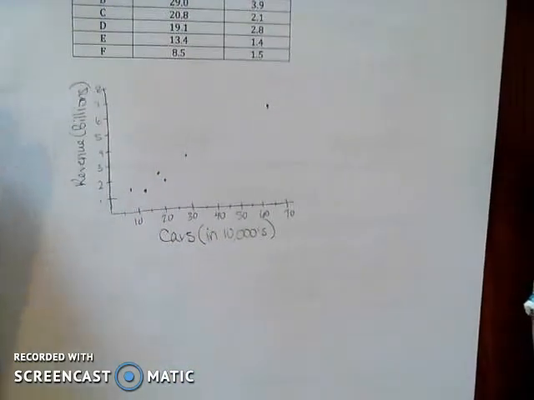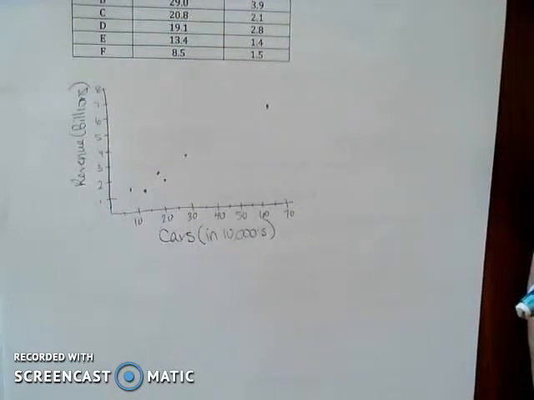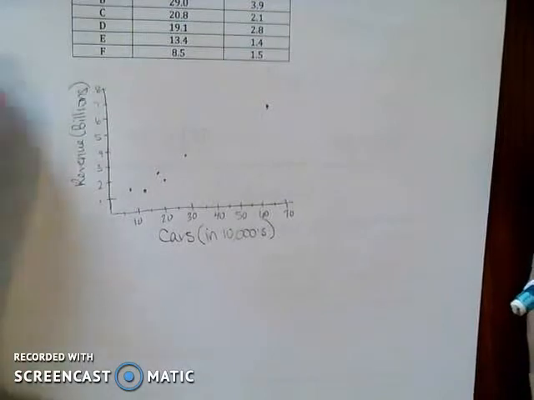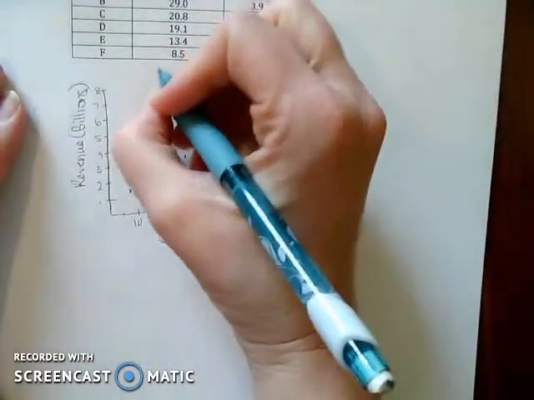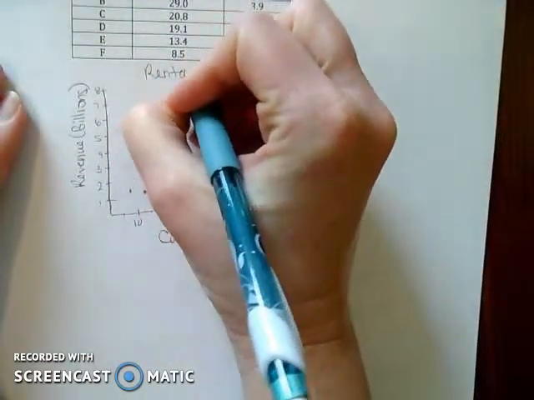So just looking at it, hopefully you can see that it looks like we should have a pretty good line that we could draw in there. Okay. And then we need a title, so I'm just going to put rental companies.